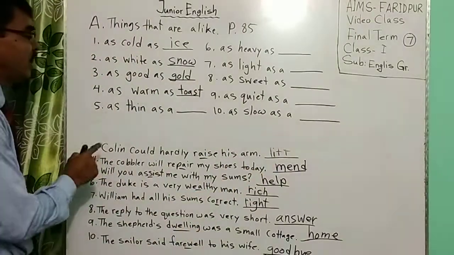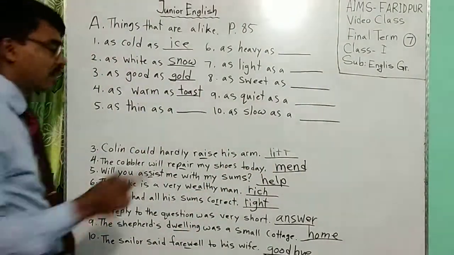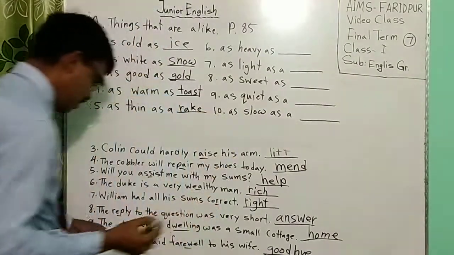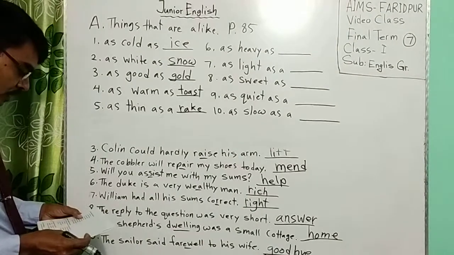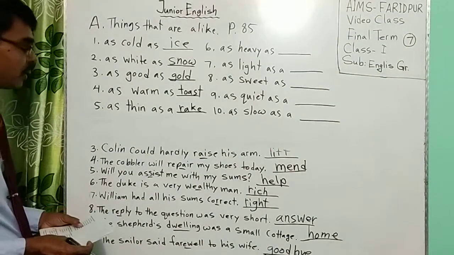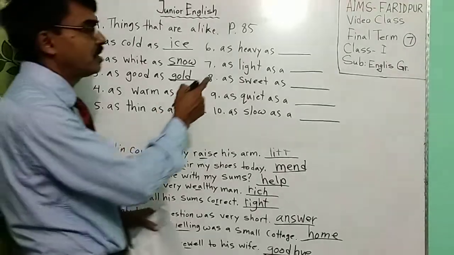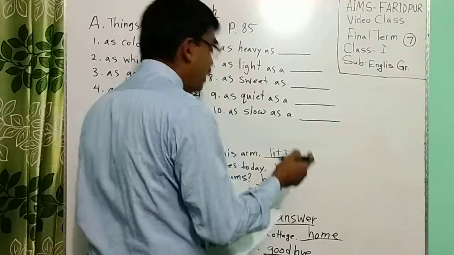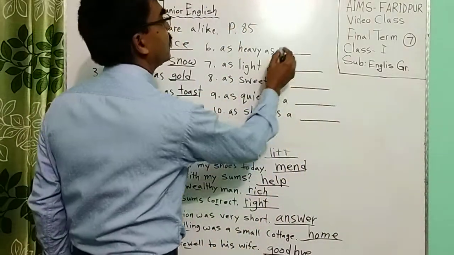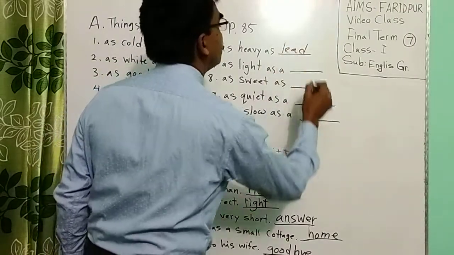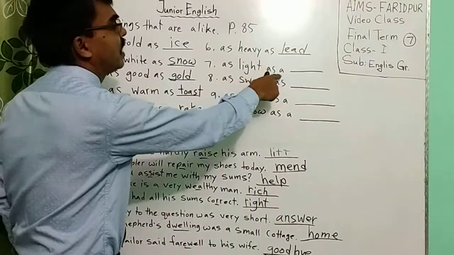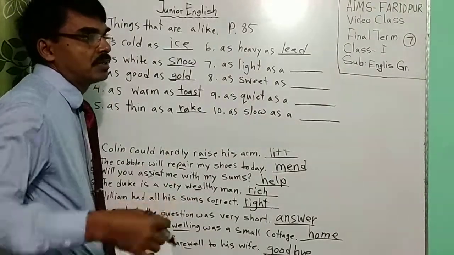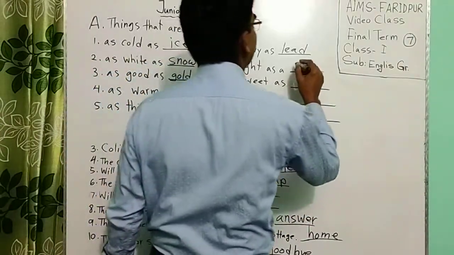Then as keen as a rake, R-A-K-E, rake. Then number 6, as heavy as lead. As heavy as lead. As light as a feather, a bird's feather.